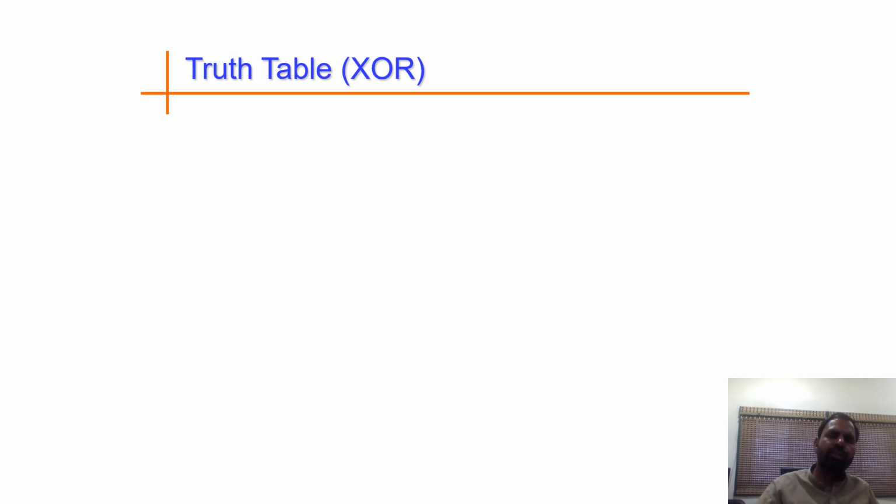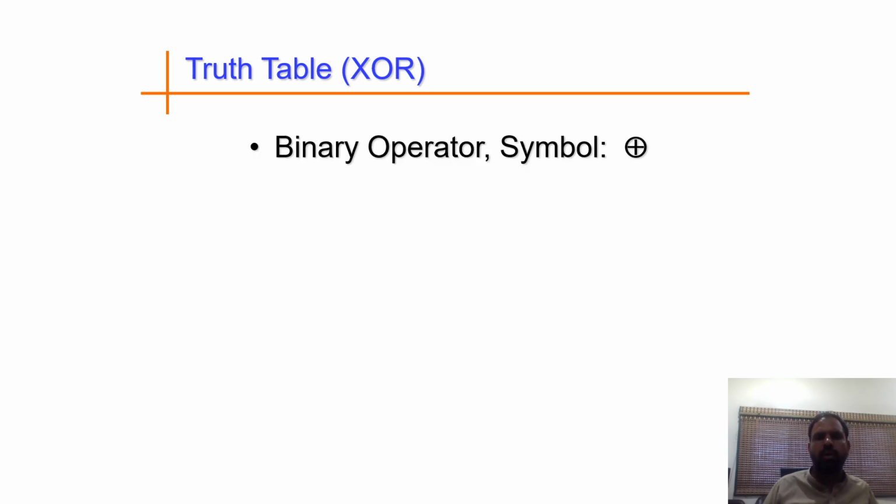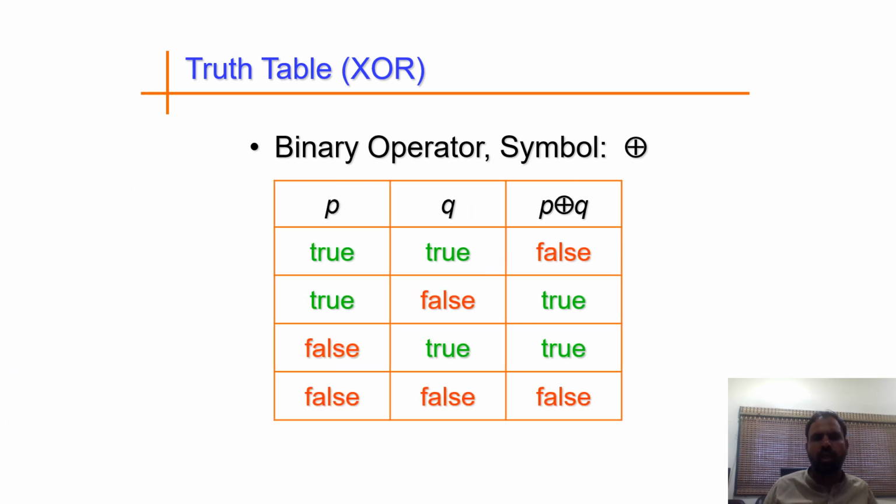Now this is the truth table for the exclusive OR operator. These are the values of P, these are the values of Q, and these are the values for P XOR Q. If both are true, then it is false.